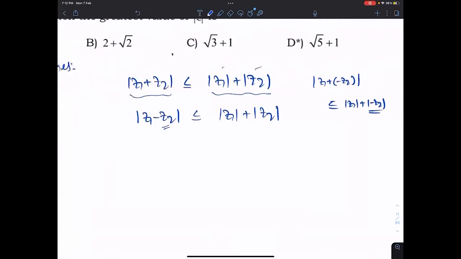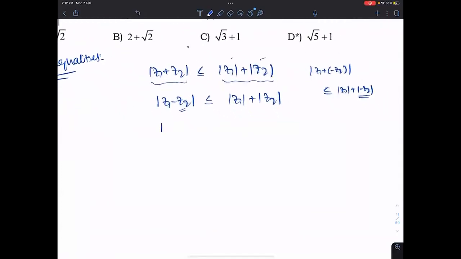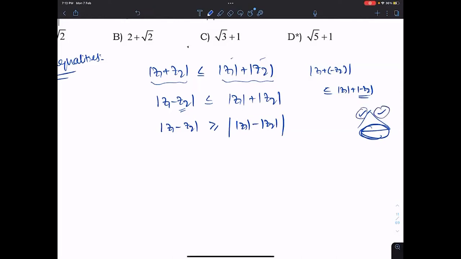And the other ones, four are there totally. Mod of Z1 minus Z2 is always greater than or equal to mod Z1 minus mod Z2, with a modulus over it. In a triangle, one side is always greater than the difference between the other two sides. We put a modulus because we don't know which side is larger; when I say difference, it means larger side minus smaller side.